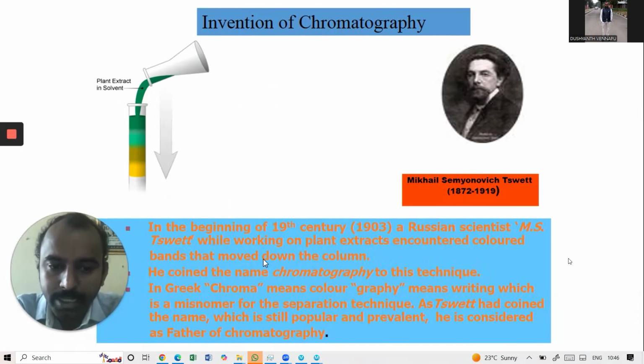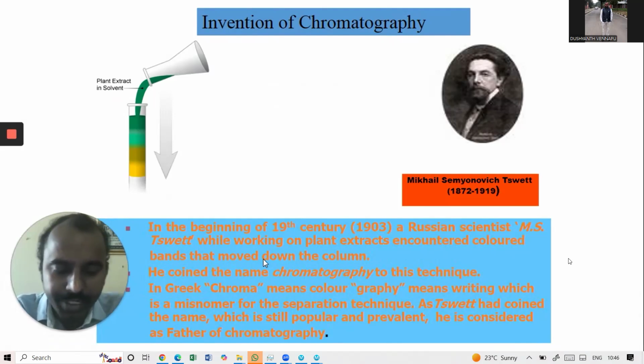That's why he coined the term chromatography. However, you can separate colorless components also by chromatography. However, you should identify them by other techniques such as visualization by UV chamber, visualization by some other detecting techniques, either by fluorescence or by any other way of identification.